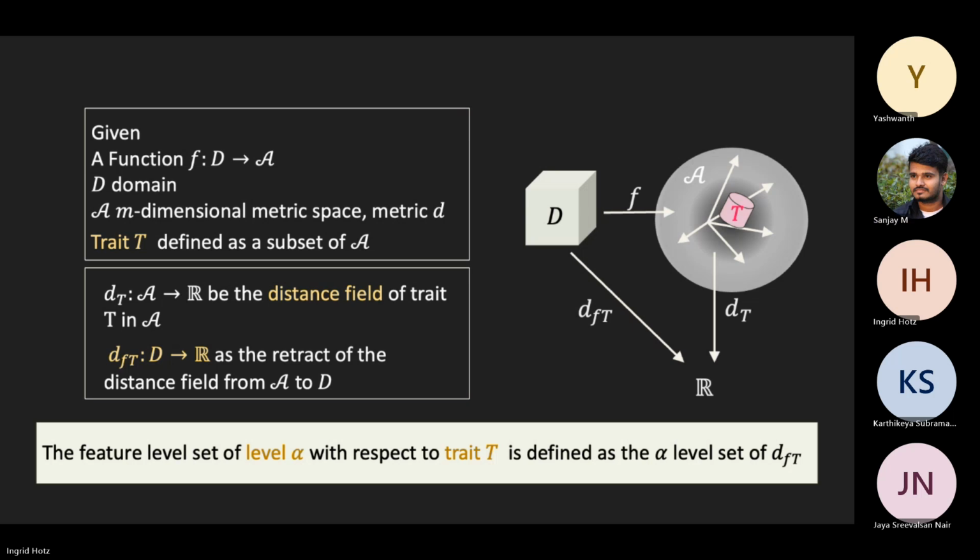We call this the induced distance field. This is the distance field. Think about it: every point in my attribute space gets assigned one scalar value, which is the distance from this trait.